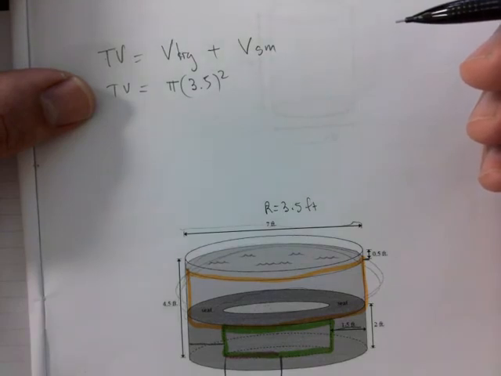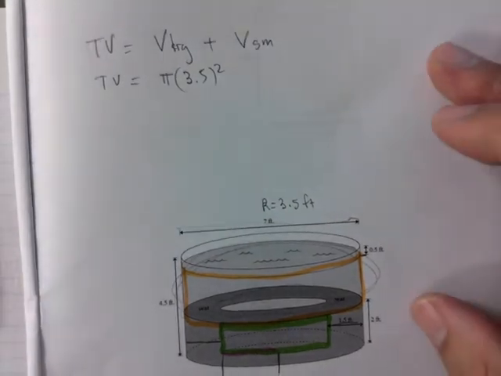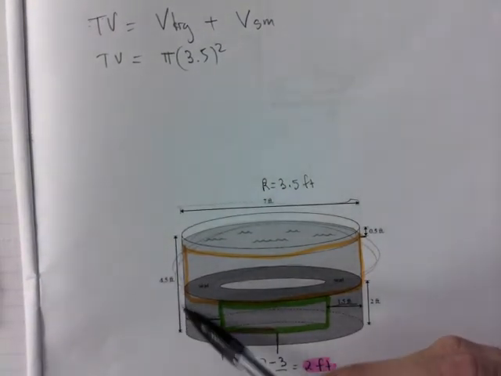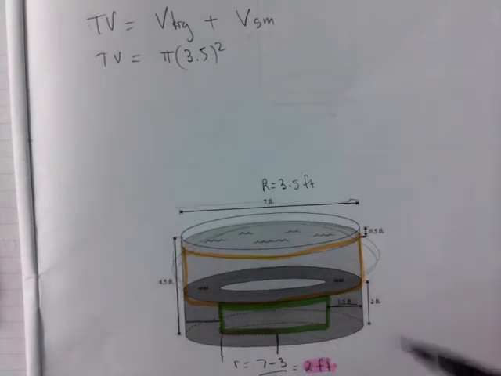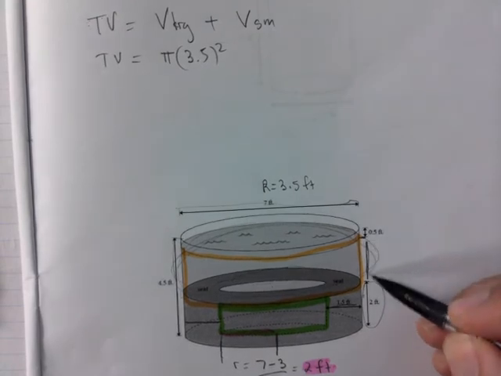big one. Somebody already did the math there. Yeah, it's 2 because it's 4.5 all the way to the top. Take away this 2 from the 4.5 and take away the 0.5. This is also 2 feet.